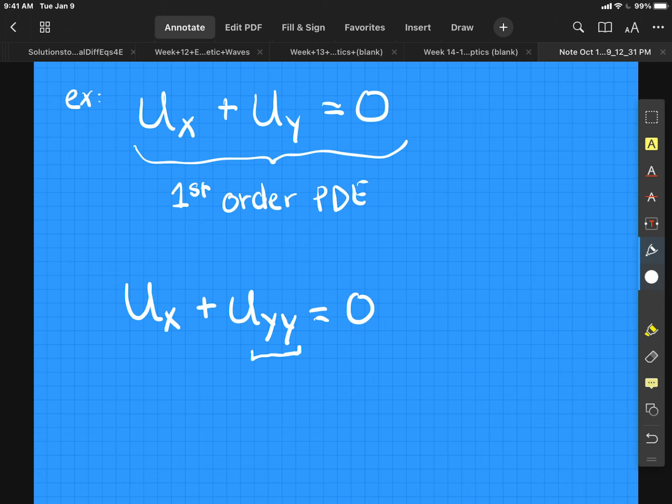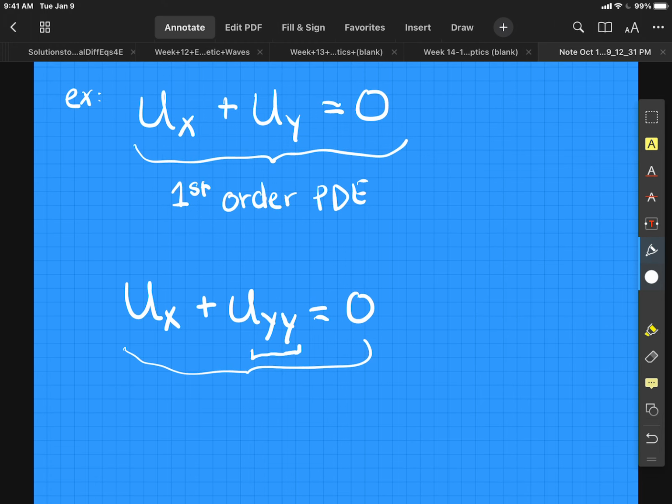Again, because we're dealing with two derivatives of one single function. So as you can probably guess, if the first one was first order, this would be considered a second order PDE. Essentially, we say that it is of the nth order for the nth number of derivatives. Okay?